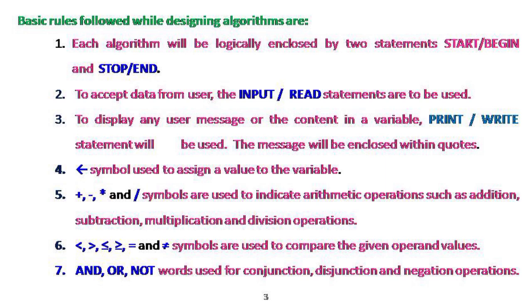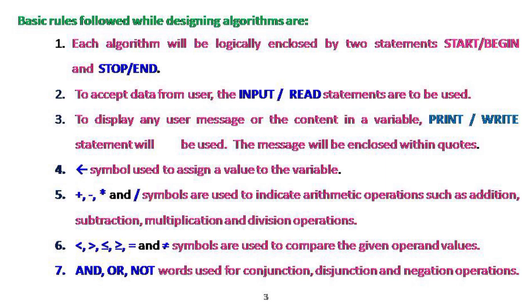And if you want to go for other operations, the words and, or, not are used for conjunction, disjunction, and negation operations. So if you want to combine two comparisons, you can use and, or, not. So these words can be used for writing the algorithms. These are the rules I have shown on the screen, so we will follow these rules for writing the algorithm.